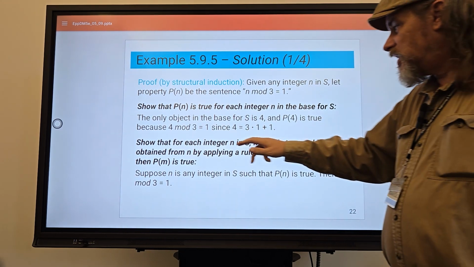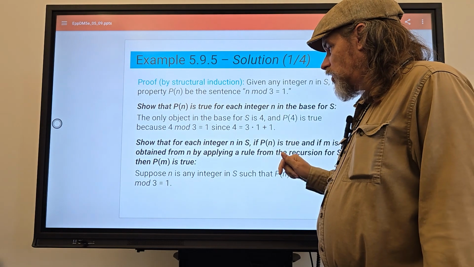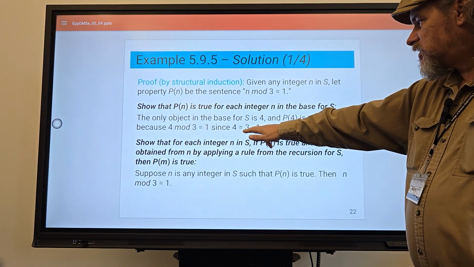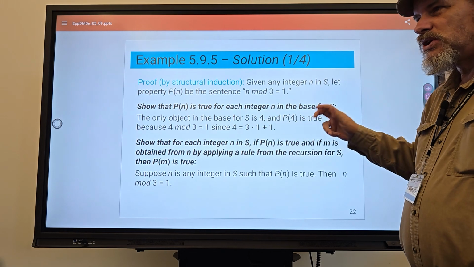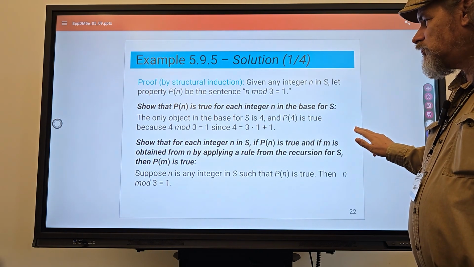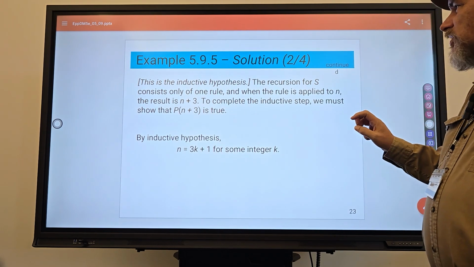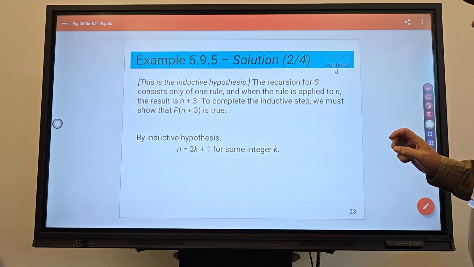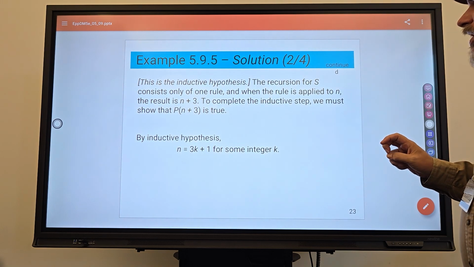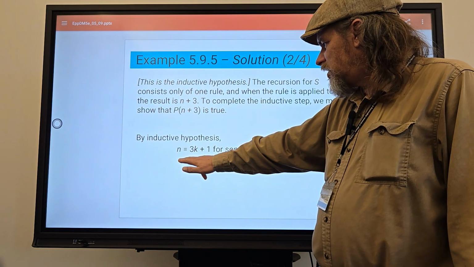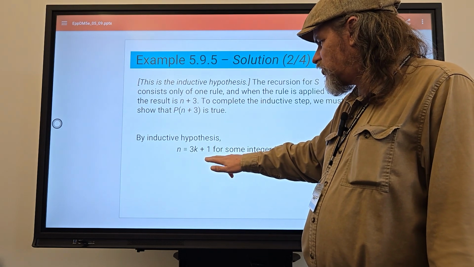So 4 mod 3 is 1. But where did it get the 3 times 1? And the recursion for S consists of only one rule, and the rule is applied to n. The result is n plus 3. How did the inductive hypothesis become n equals 3k plus 1?